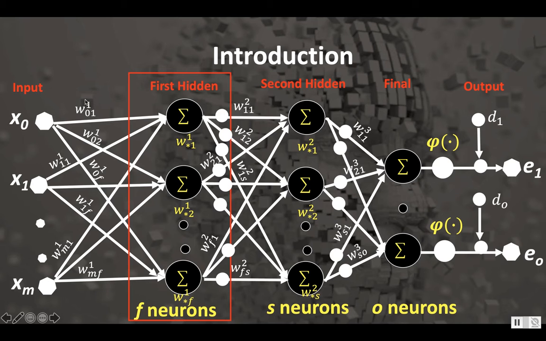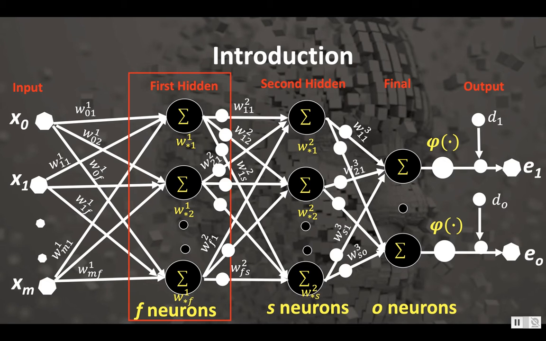The superscript 1 means it's for the first hidden layer. The 0 means the index of the input is 0. And the next 1 means it is for the first neuron.